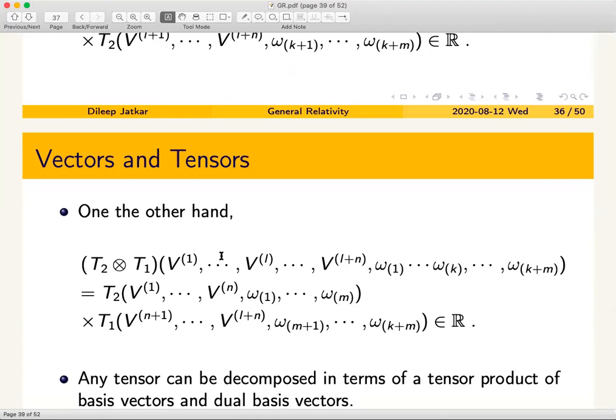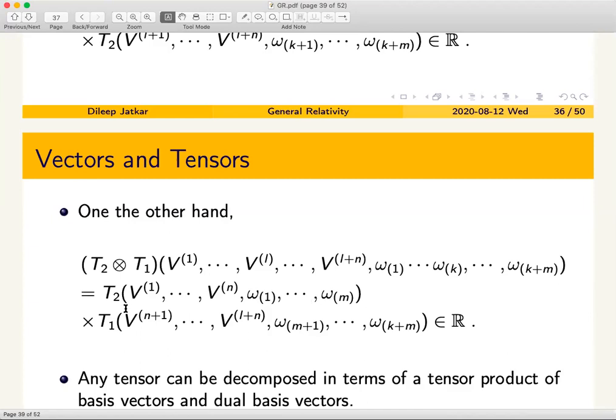N may be larger than L, or smaller than L, depending on which you would cross VL or stop even before you hit VL. And T1 will start from Vn plus 1 and go all the way up to VL plus N. There is a similar issue with the omegas.